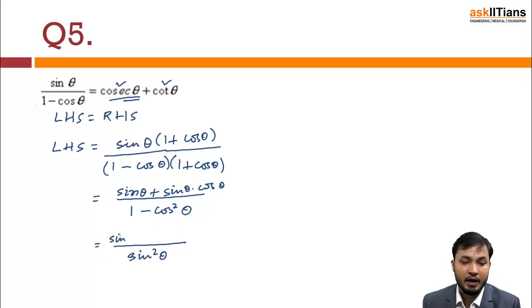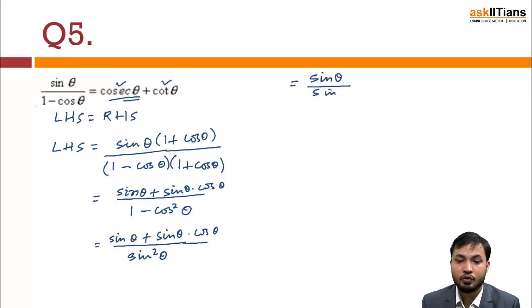Now in the numerator I have my two terms, so I will split them. It will become sine theta by sine square theta plus sine theta cos theta by sine square theta.